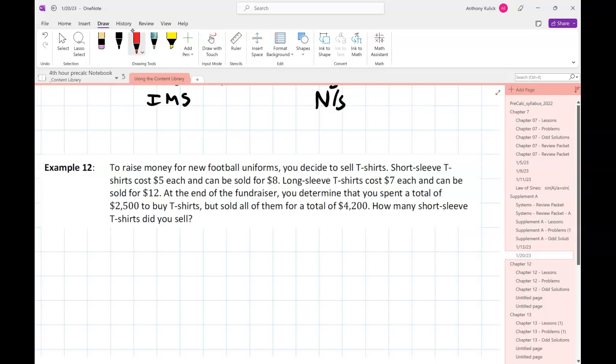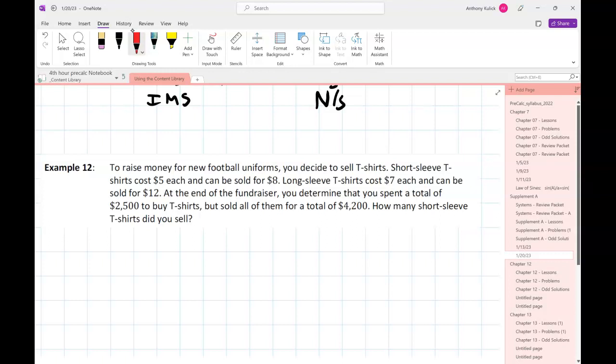All right. This is a pretty classic example of a solving systems story problem. If you've taken an ACT recently, I would be surprised if you didn't have a story problem that was essentially this kind of question. This is a favorite type of question.